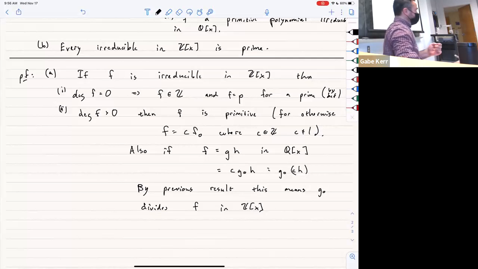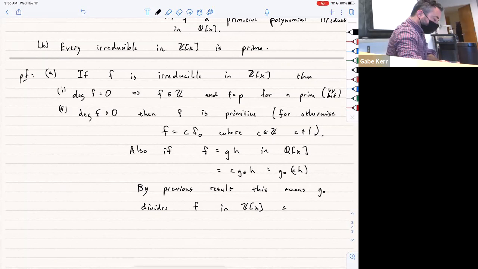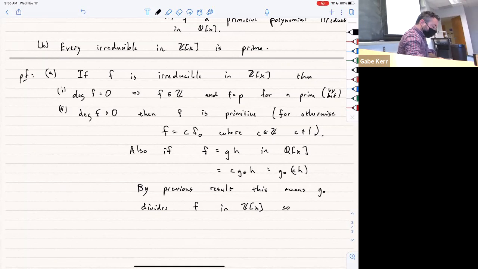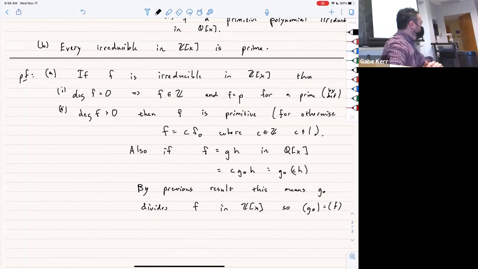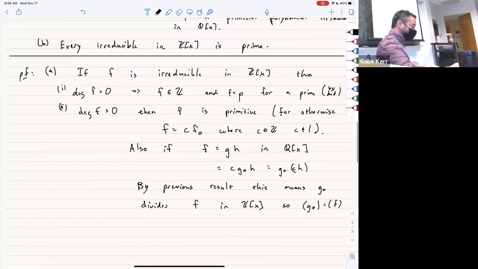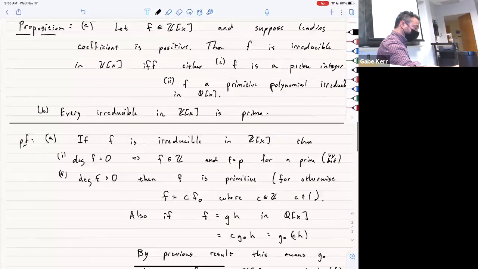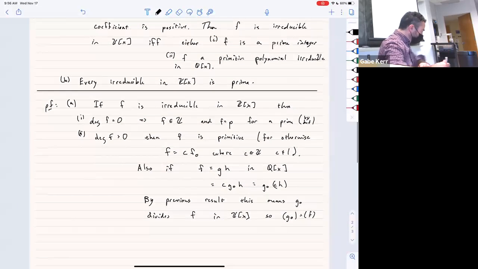That is irreducible. If that's true in Z[x], then it's certainly true in F. Okay, so that's part A, and then part B.